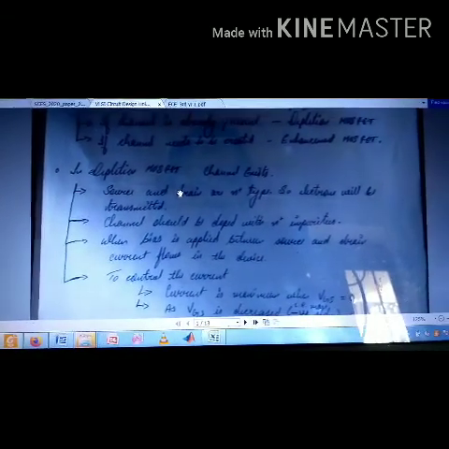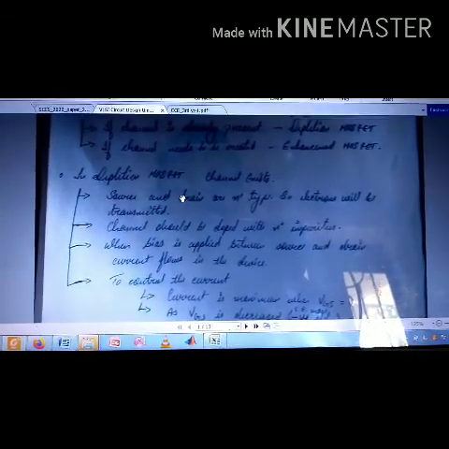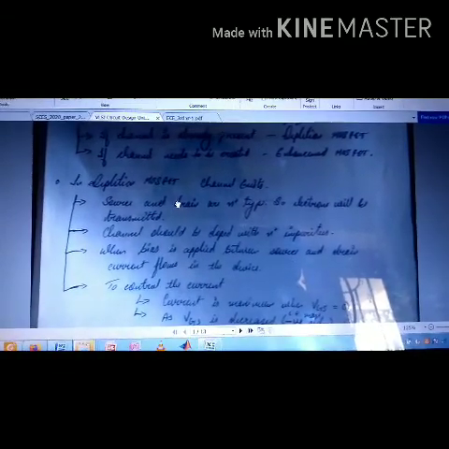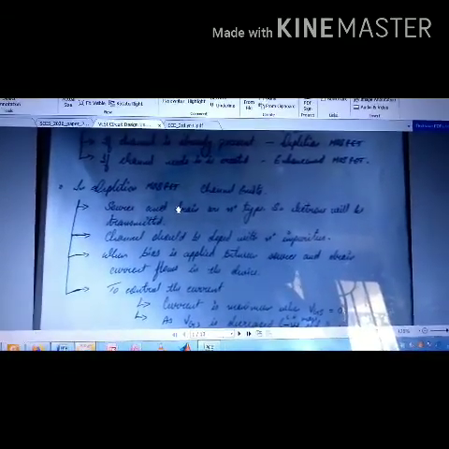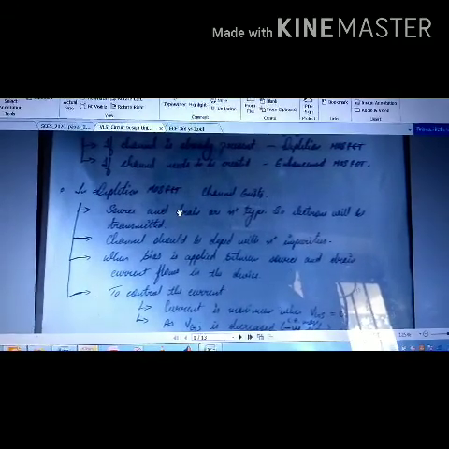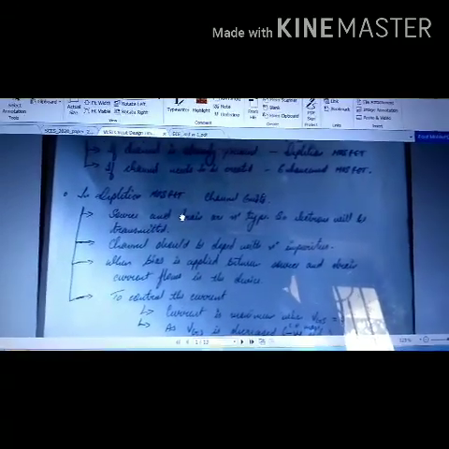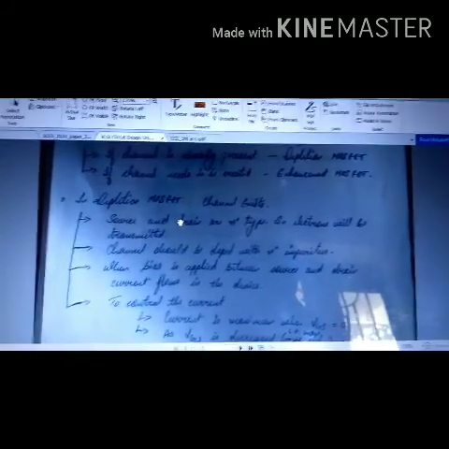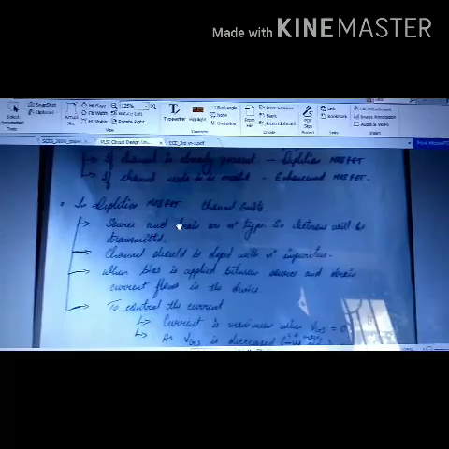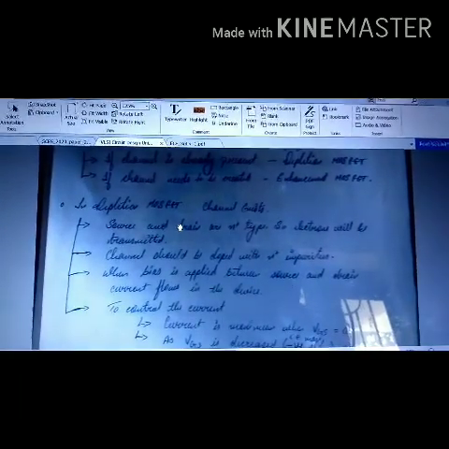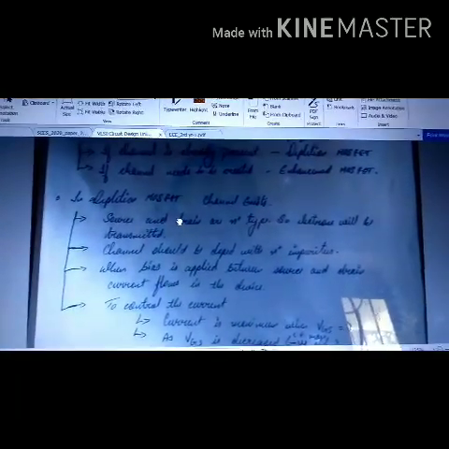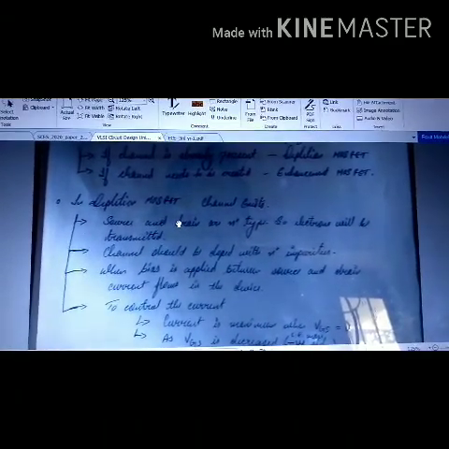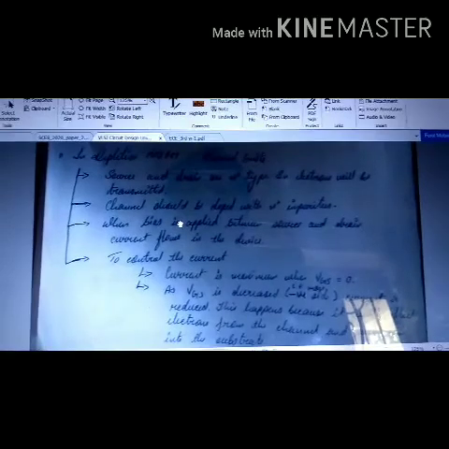Now when proper biasing is applied between source and drain, the current flows between the devices. Normally our source is grounded and our drain is connected to a proper biasing voltage which can attract electrons, and they will start flowing from source to drain terminal, and current will flow in the opposite direction.